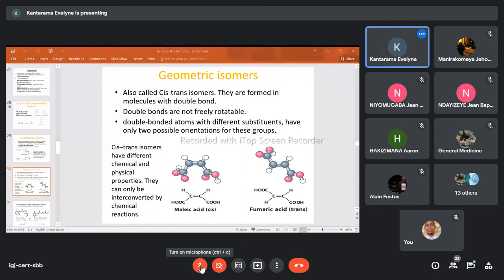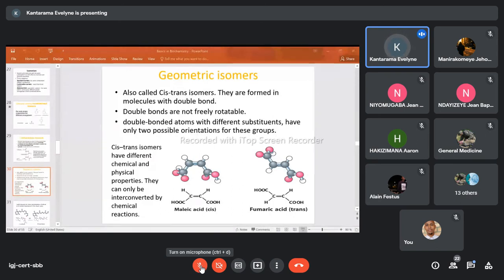Okay? Yes, there will be intervention of external factors like irradiation, for example, that will change from cis to trans.